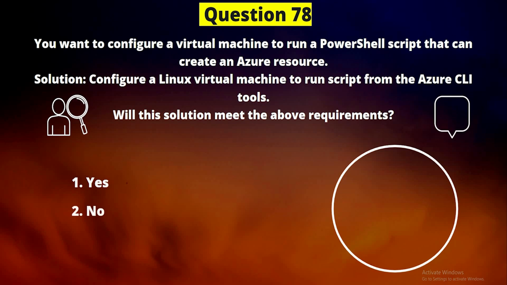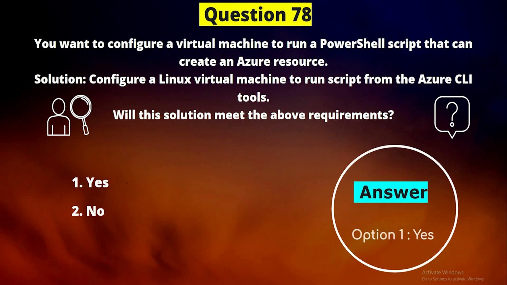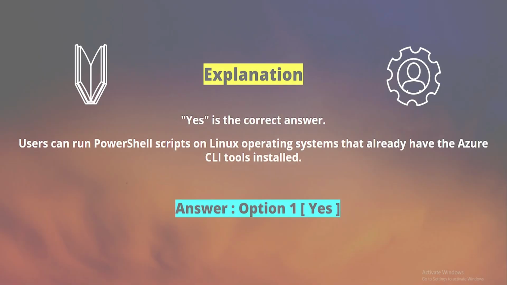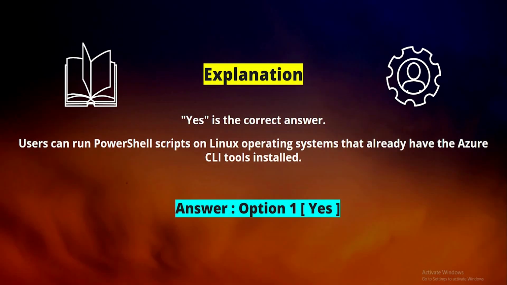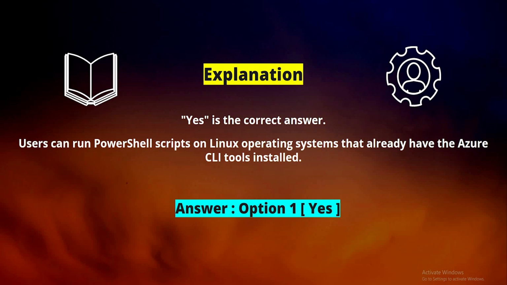Option 2, no. And the correct answer is Option 1, yes. Explanation. Yes is the correct answer. Users can run PowerShell scripts on Linux operating systems that already have Azure CLI tools installed.